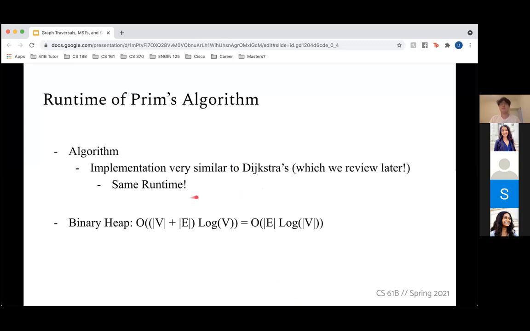And when we use a binary heap, we're going to get the runtime of O of E log V. And I believe later on in the slides, we'll be exploring the runtime of Dijkstra's, and you'll hopefully gain a better understanding of why Prim's algorithm has this particular runtime.